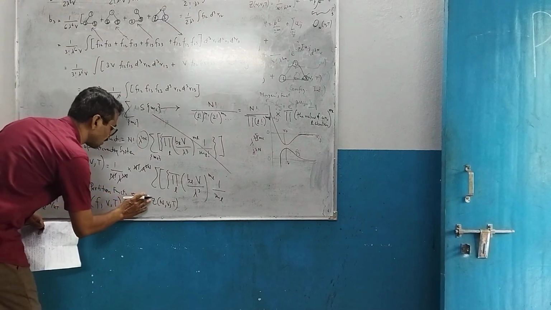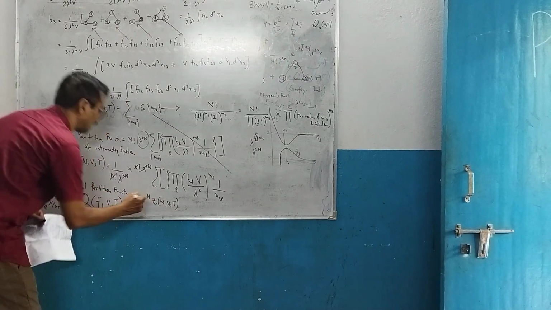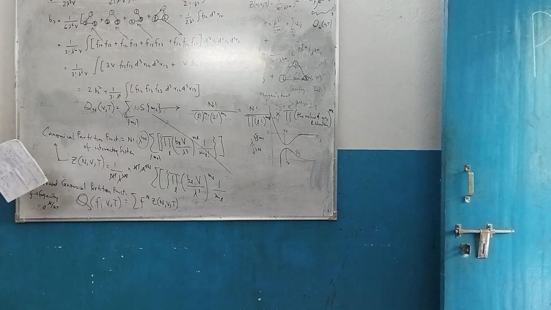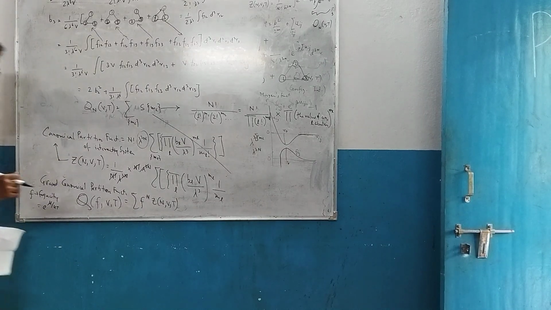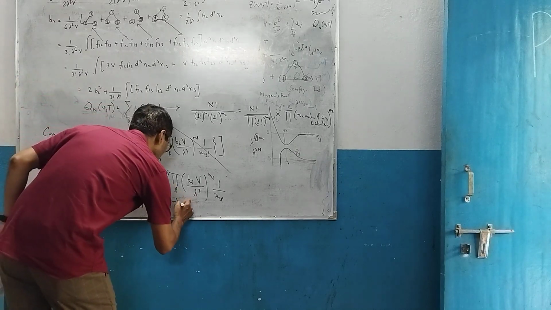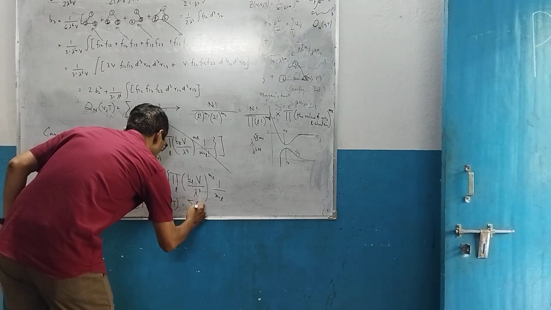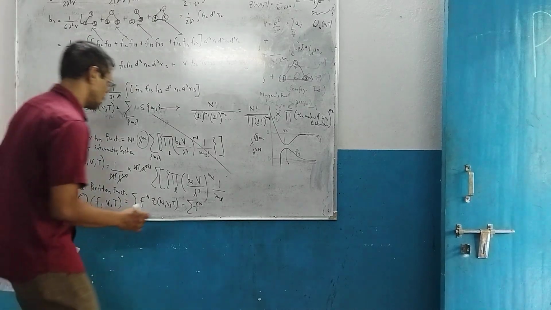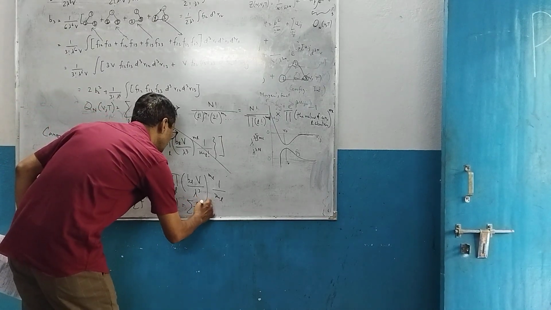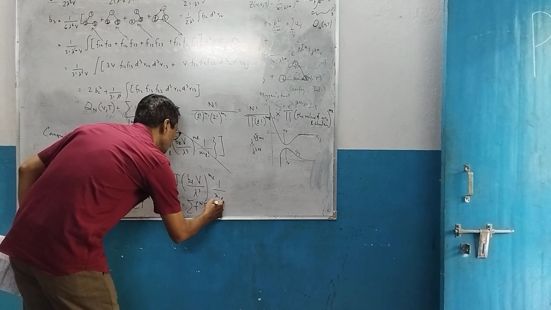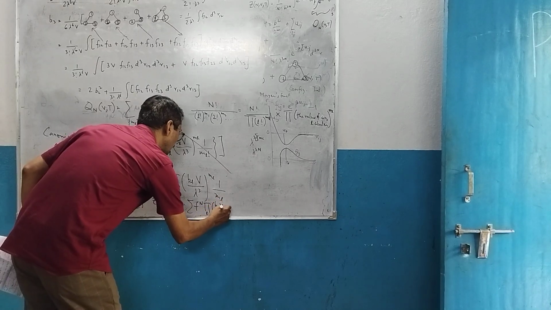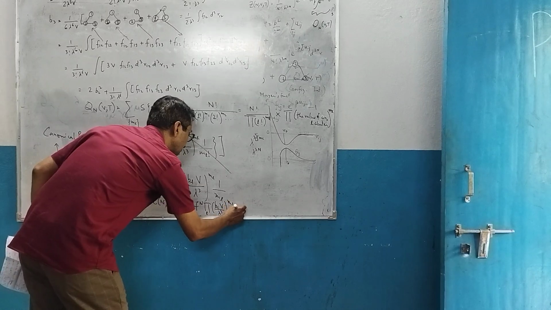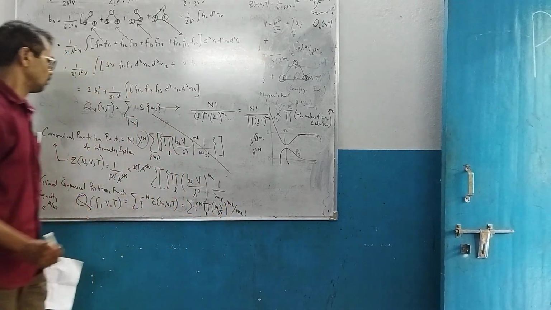N means the number of particles, so f to the power capital N, because we are dealing with an N particle system. Now Z_N(V,T) was like the product over l of (b_l V by lambda cube) to the power ml divided by ml factorial.